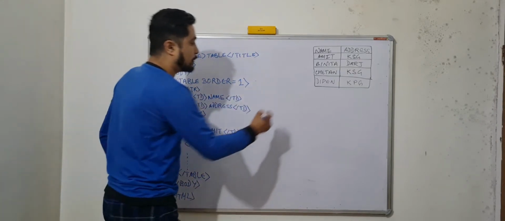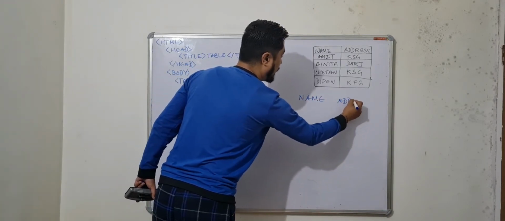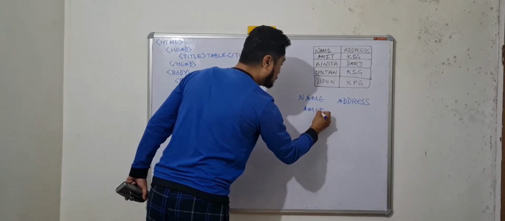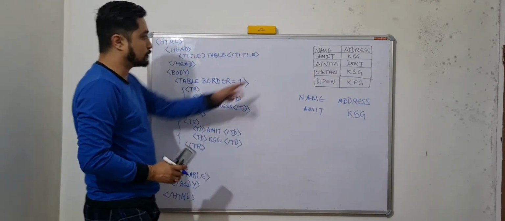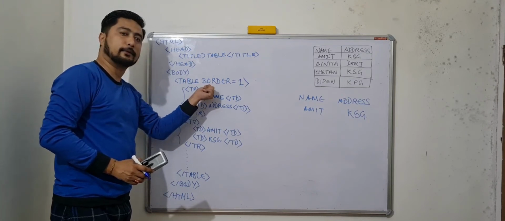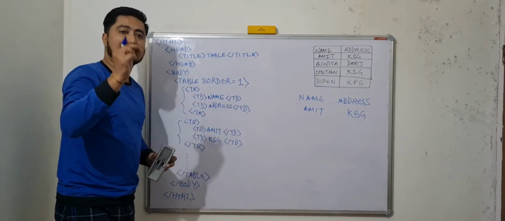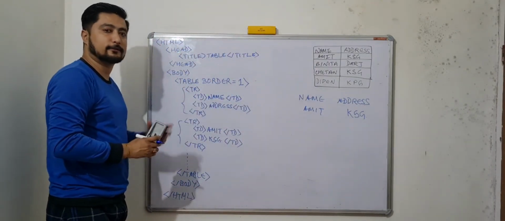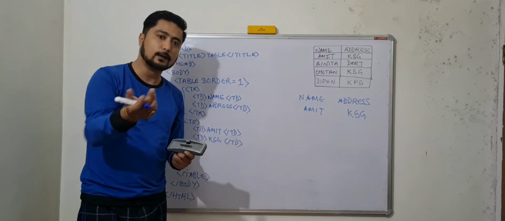If you don't write border, it will look like this: name, address, then Amit, Karsan. To create the border, you have to use the table attribute, by writing the attribute name border equals to the value of the border. This will increase the width of the border lines. This is how we create a table in HTML.